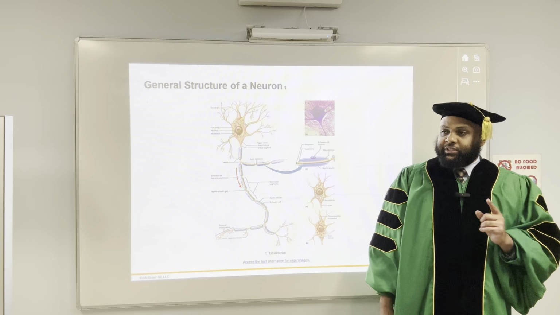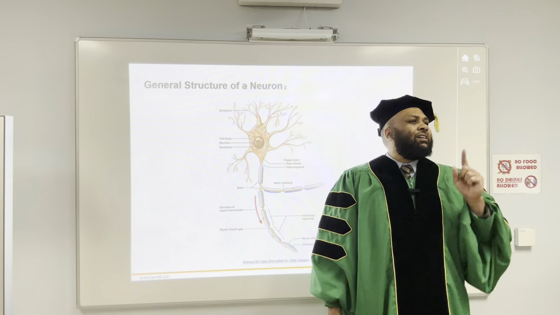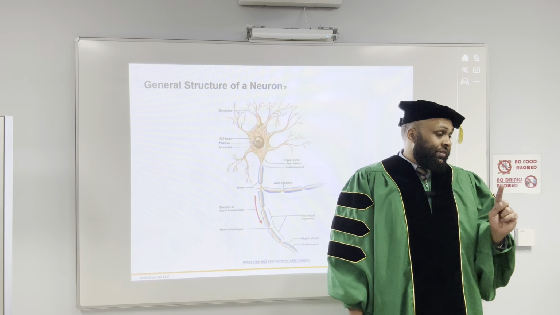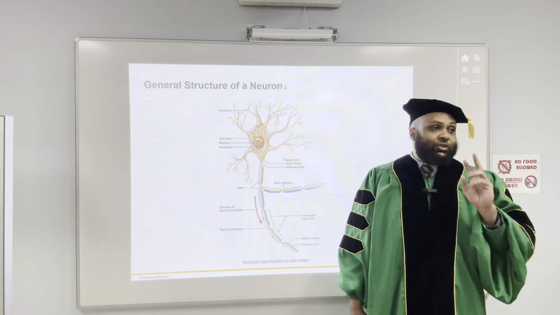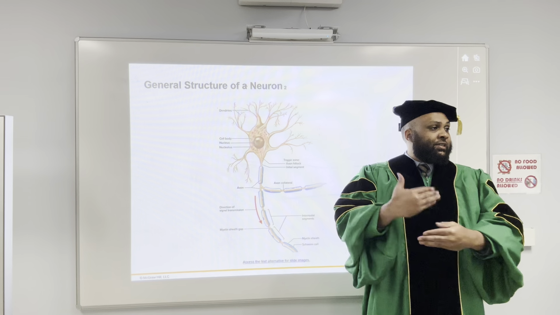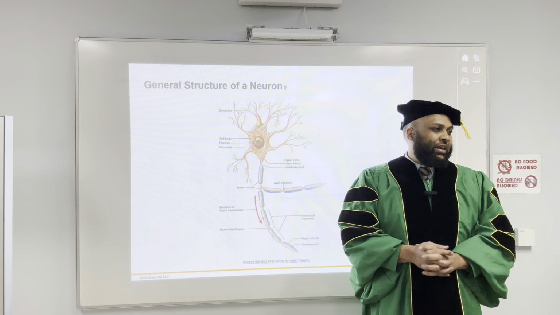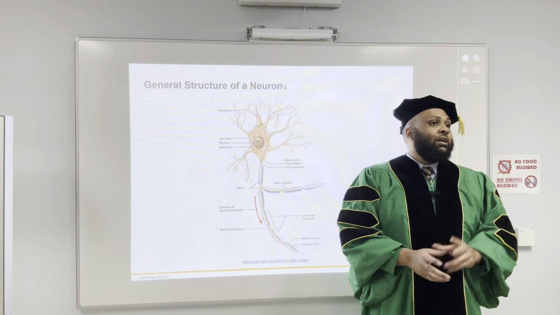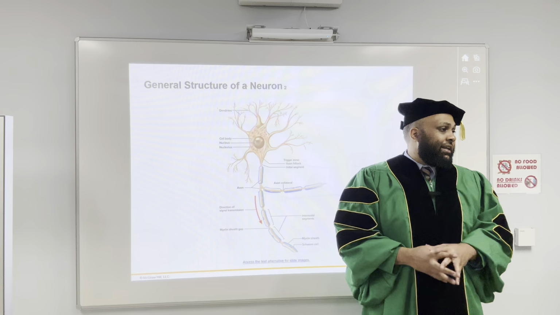It doesn't only protect, but it makes the signal go very fast. And there are two types of cells that wrap this saran wrap. We don't call it saran wrap. It's called myelin sheath. There are two cells that make this myelin sheath.